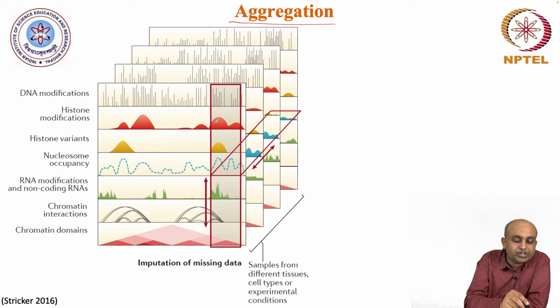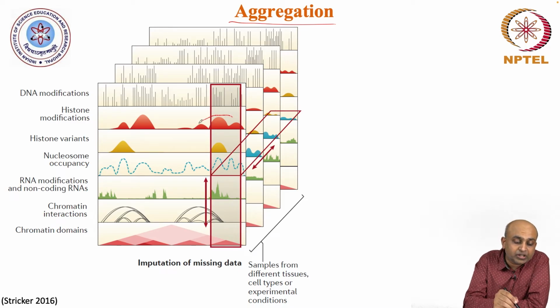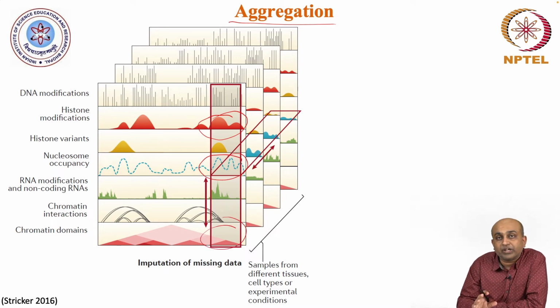Because if you just look at histone modification, maybe it makes sense, maybe you just look at nucleosome occupancy, it makes sense. But if you want to combine across them, that is this combination of histone modification, this combination of nucleosome occupancy and this particular set of chromatin domains, what does it mean, or does it have any meaning, right? So, this aggregation across assays and across individuals can be quite useful.